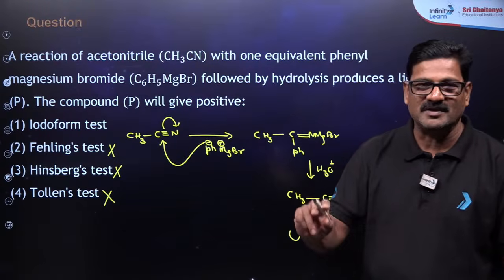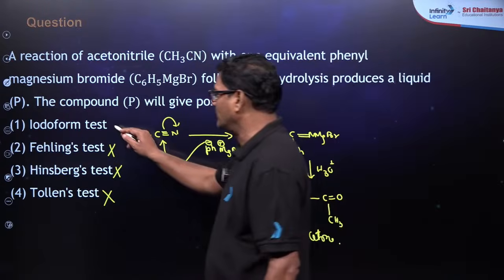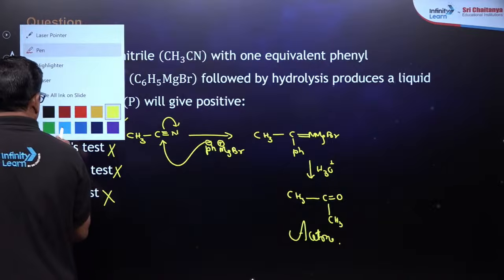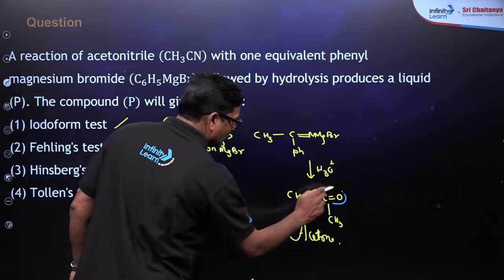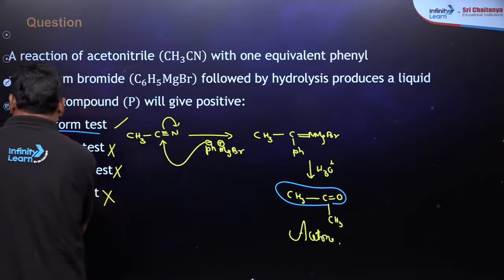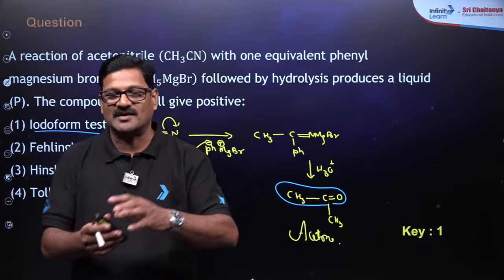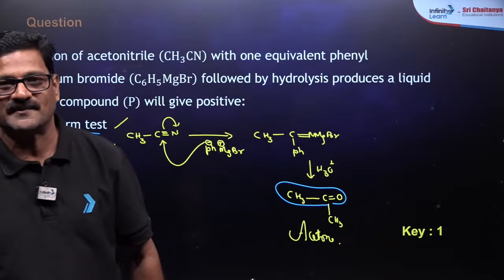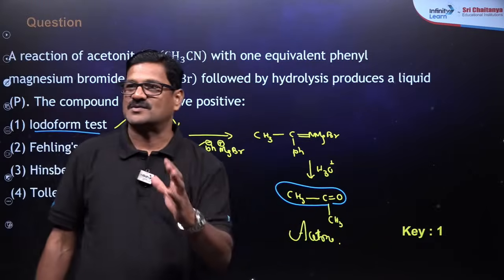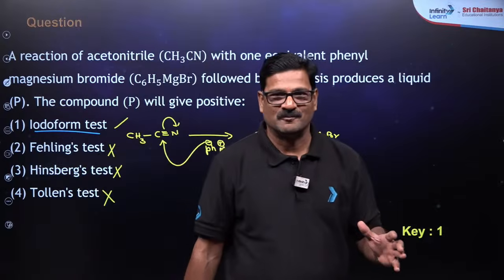Fehling's test will not be given by ketones. Iodoform test will be given by methyl ketone. Iodoform test will be given. So option 1 is the correct answer for this question. You understand how to handle these questions, right, bacho? Clear?